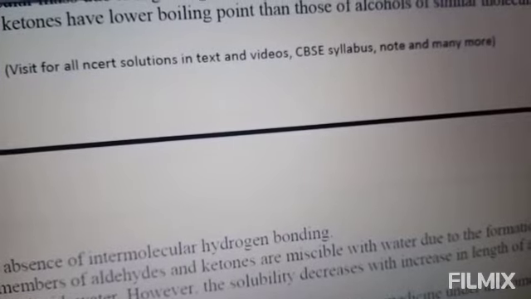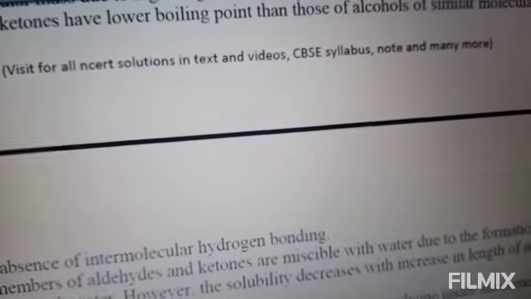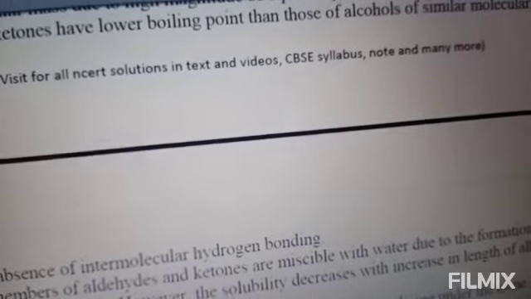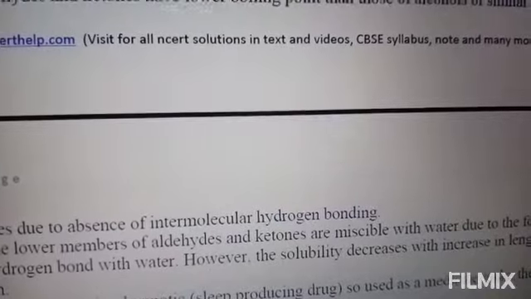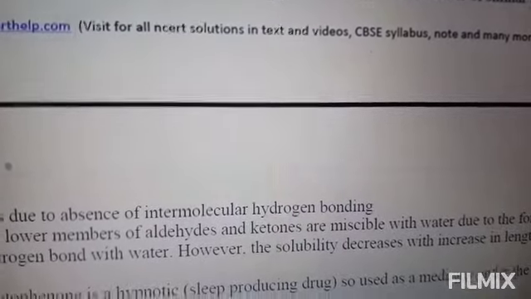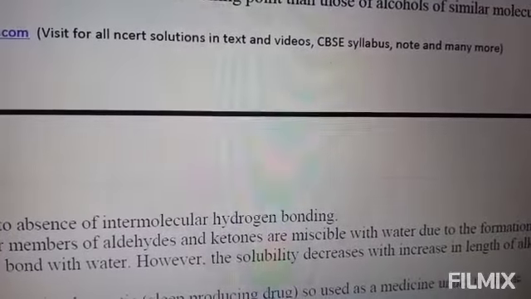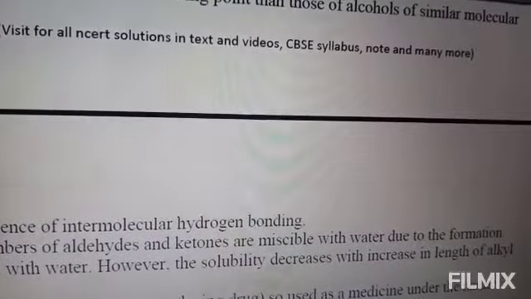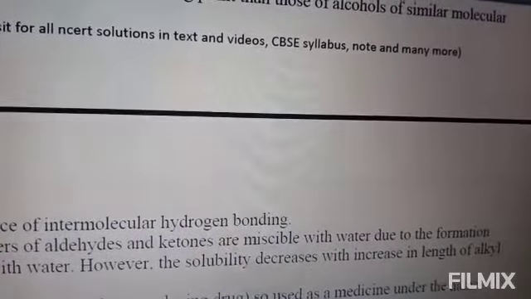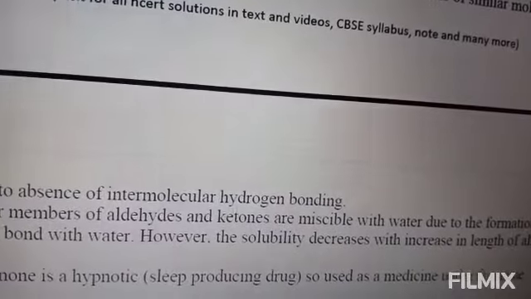As we know, alcohol is highest, then next comes aldehyde, then ether, and then hydrocarbons. So first you write CH3CH2OH greater than CH3CHO, which is greater than CH3OCH3, and the last one is CH3CH2CH3. So this is your answer for 12.3.